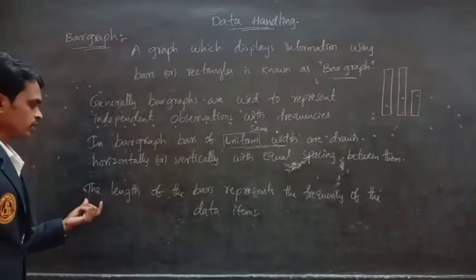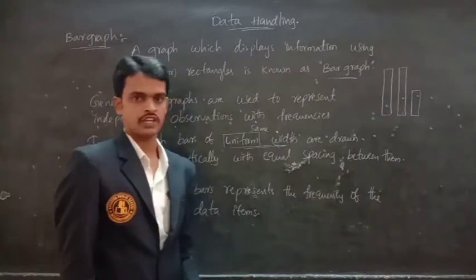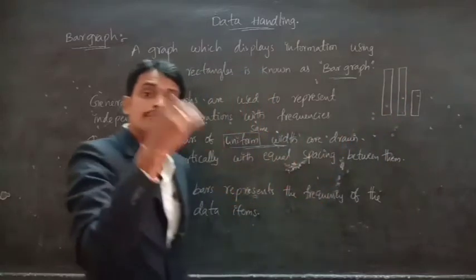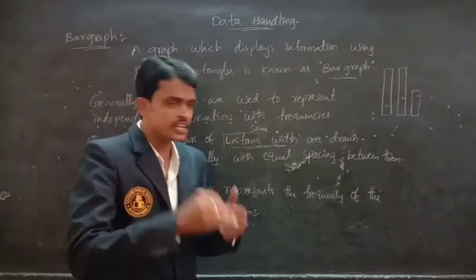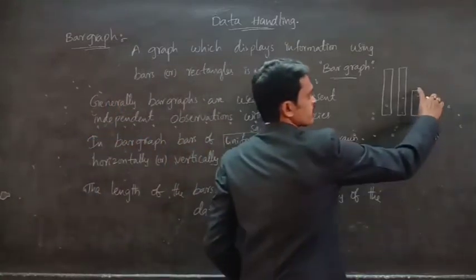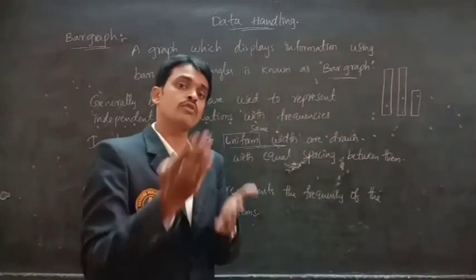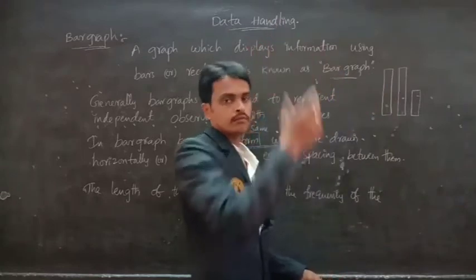Next, the length of the bars represents the frequency of the data item. If the frequency is less, we will represent the length of the bar like this, small. If the frequency is more, the height of the bar will be more.